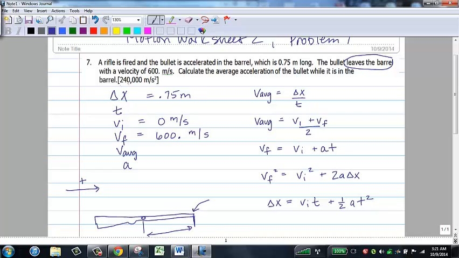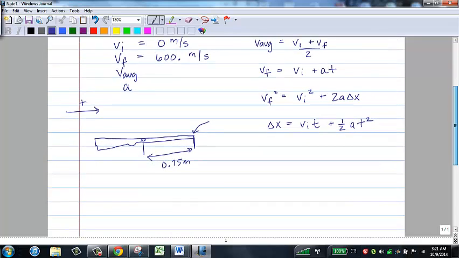You can see that the answer is this huge thing, 240,000. We expect to get this really big answer because this change in velocity is happening so quickly. So as you know, acceleration is equal to the final velocity minus the initial velocity over the time.